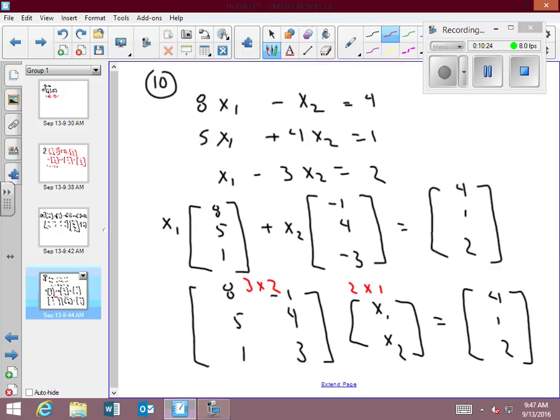If these two are not the same, you can't do multiplication. And if you multiply it out, you get right back up here.